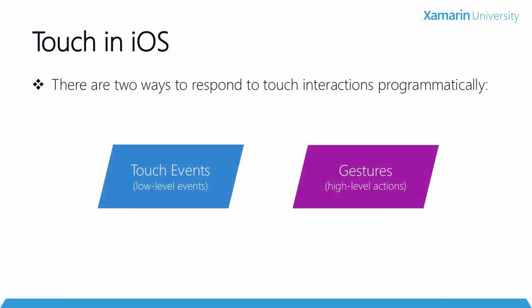So we're going to focus on a couple of APIs to enable this today. First, we're going to explore responding directly to touch events. This allows us as developers to add behavior for each phase of a touch interaction. This includes touching the screen, moving a finger while in contact with the screen, and lifting the finger from the screen.